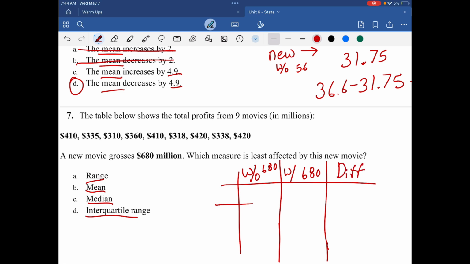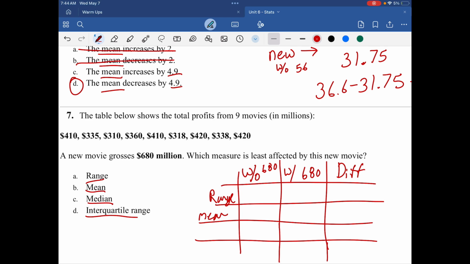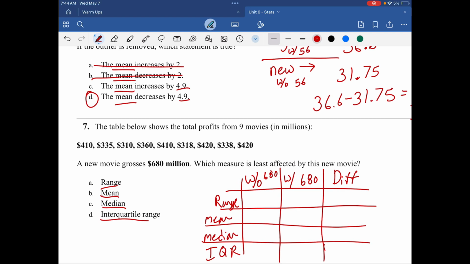Okay, so we are looking for the range, the mean, the median, and the interquartile range.